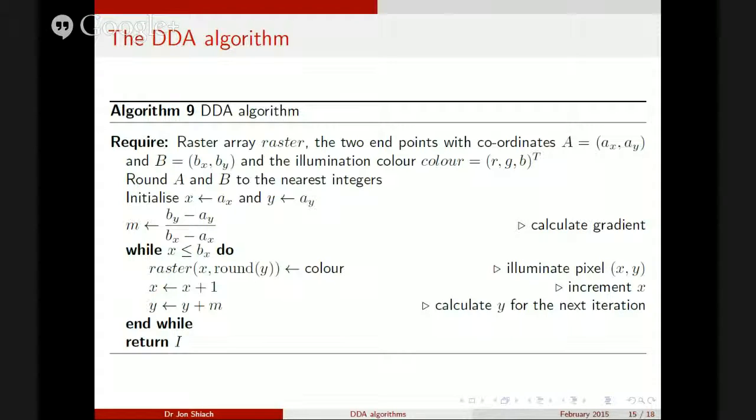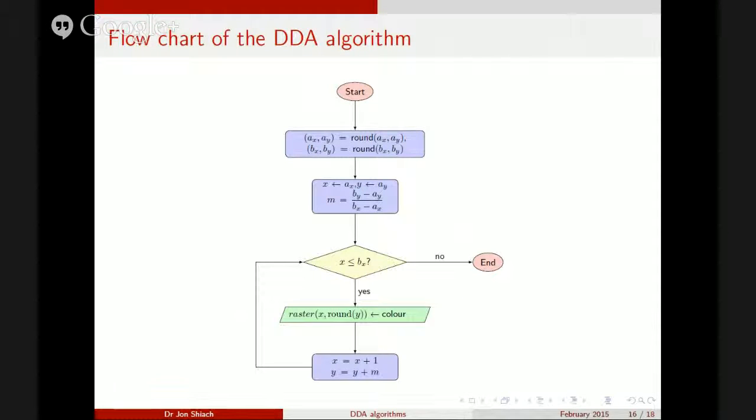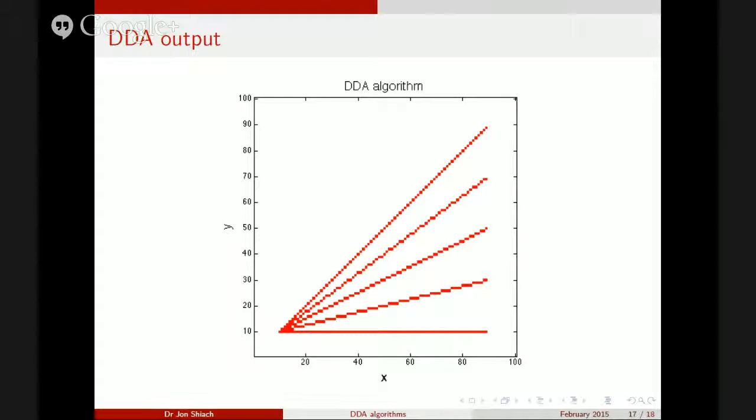Very, very simple, very similar algorithm. The only change here is instead of that complicated y, all you do is add m to it. Very similar flow diagram. When you get the printed notes, you'll see this, and you'll have more time to read it. And it gives us exactly the same output.